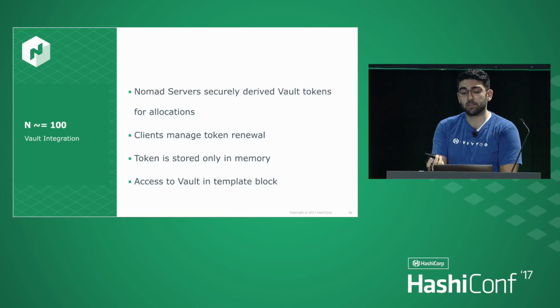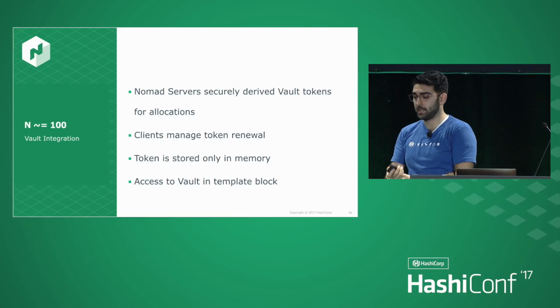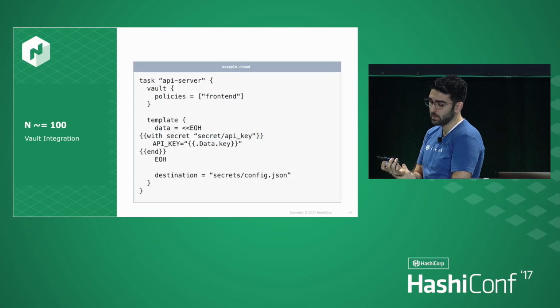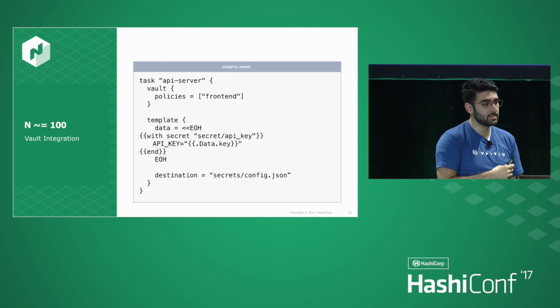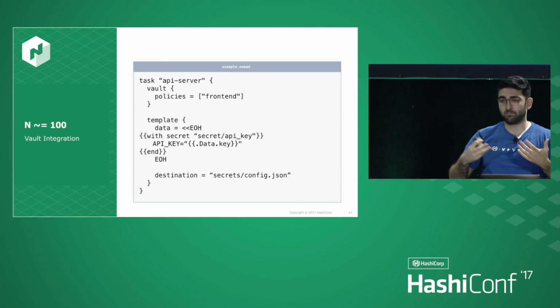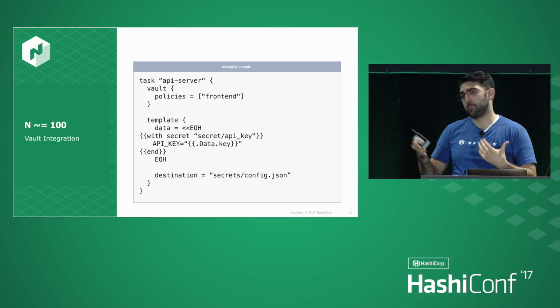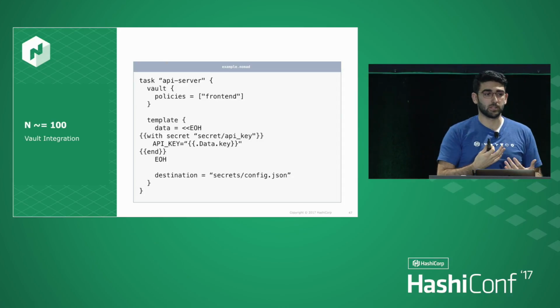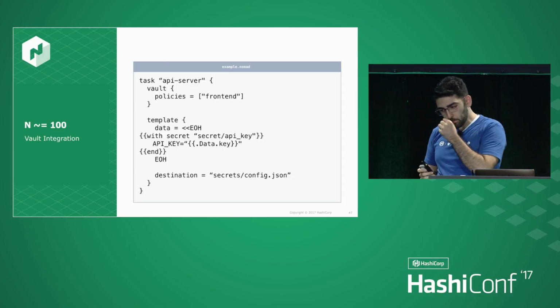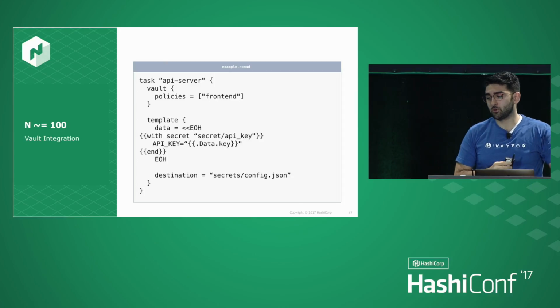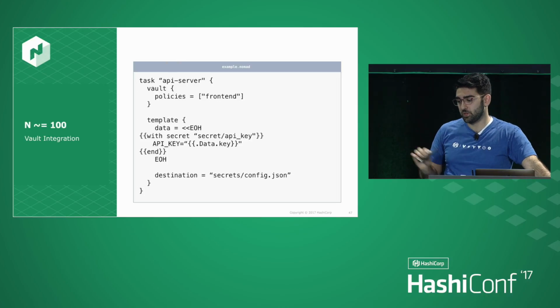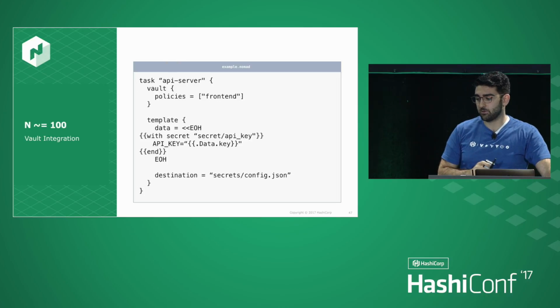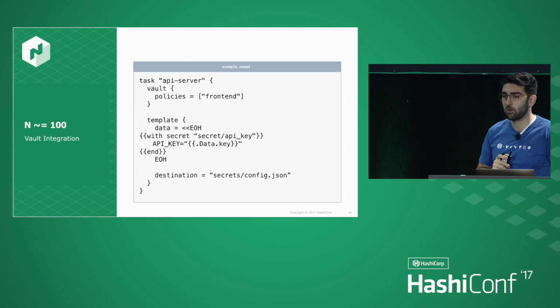And we also make the Vault token available in the template block that I showed you earlier. So in this example, we have a task that asks for a Vault policy that gives them access to the front-end policy. And that policy might give them access to certain secrets, etc. And then in the template block, you could just render a config that says, I want you to go out to Vault, read the API key secret, and write it to this config file.